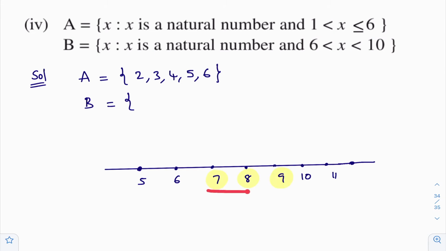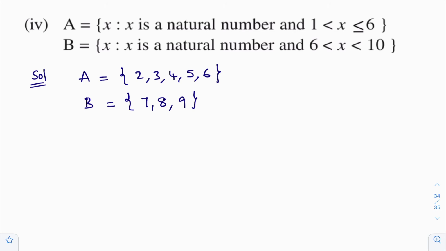These are the natural numbers which are in between 6 and 10. You can observe here they have given strictly less than. They have not given less than or equal to. If they give like this, 6 also we need to include. If they give like this, 10 also we need to include. But as per the question, in intervals we learned that 6 and 10 are not included. So what is set B here? Set B is 7, 8, 9. I hope you are understanding.